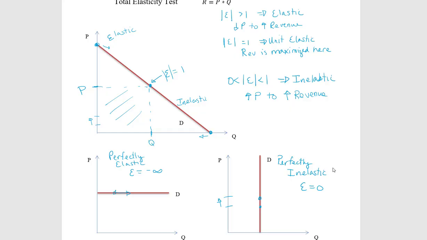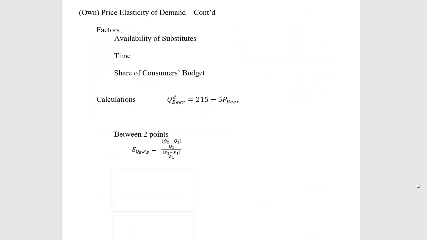Now, neither of these are perfectly illustrated in the real world, but this is just to give you an idea of what that would look like. And the way that I remember which one of these is which, the more it looks like an E shape with the axes, it's elastic. And the more it looks like an I shape, it's more inelastic.